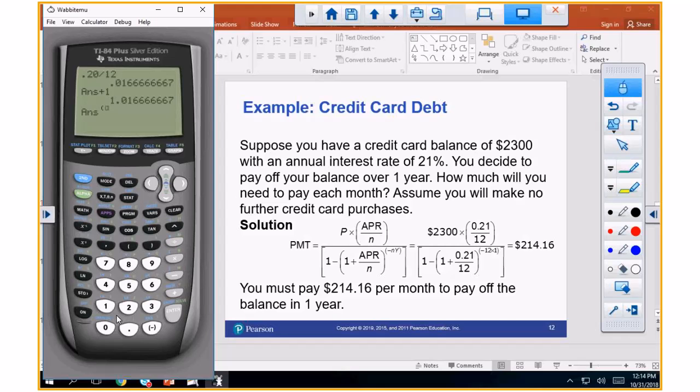So that's going to be negative 12. Close parentheses. And then 1 minus inverse answer. I think that's what I got. I think the number was off one. I think the top number instead of 0.21, it was 0.20.